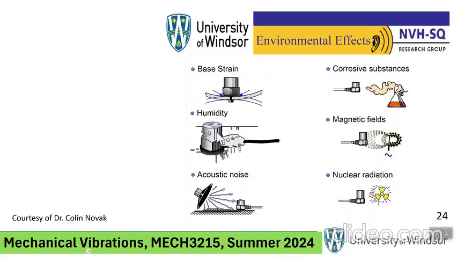Humidity can dramatically affect the performance of a transducer here. And acoustic noise can affect them. Corrosive material, the presence of a magnetic field can affect the results. And of course, nuclear radiation, that we don't want to go there.